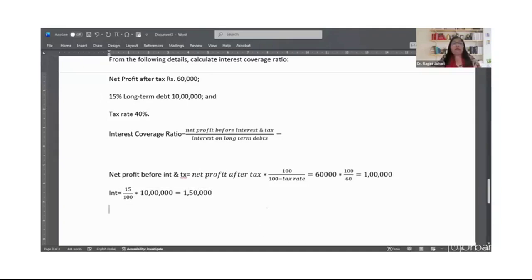Now combining these two numbers, we get this figure: 1 lakh plus 1,50,000, which makes it 2,50,000.